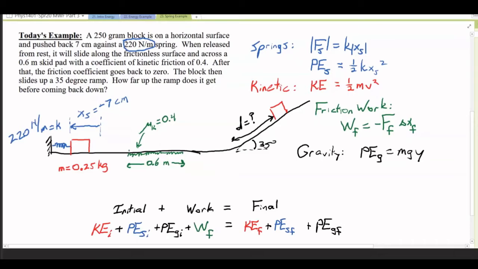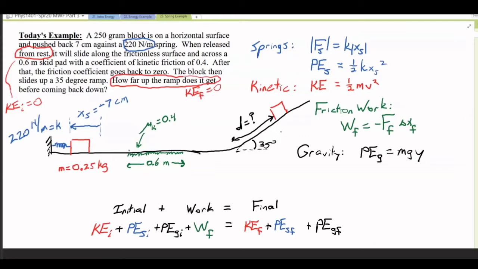Now, let's do the easy one first. When we say that the block is released from rest, that means that KE initial is equal to 0. So that's going to go in here as the first thing. That's nice and easy. And when we say how far up the ramp does it get, that's telling me that KE final is equal to 0, because this thing is going to go up the ramp, and for a very brief instant, it'll stop and then come back down.